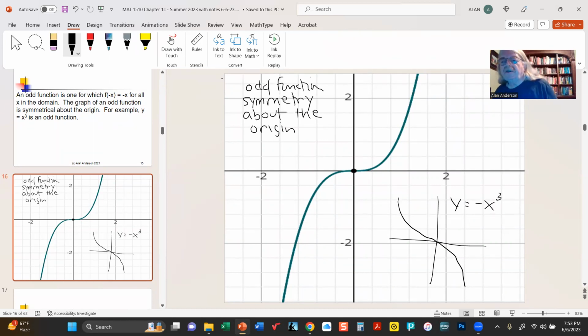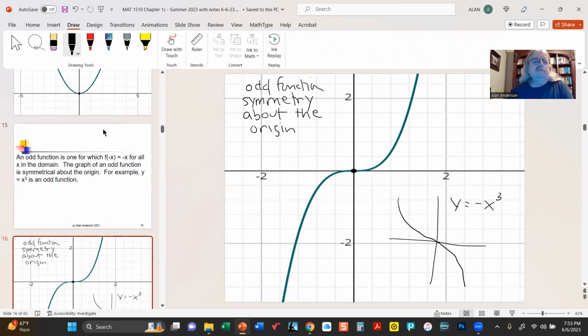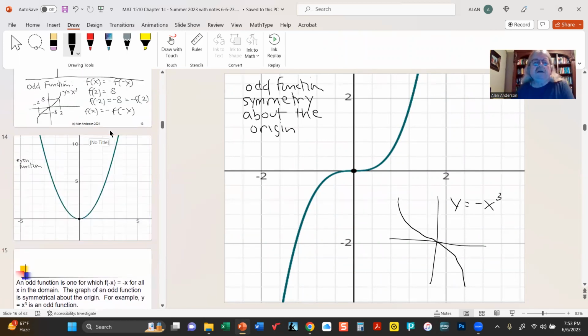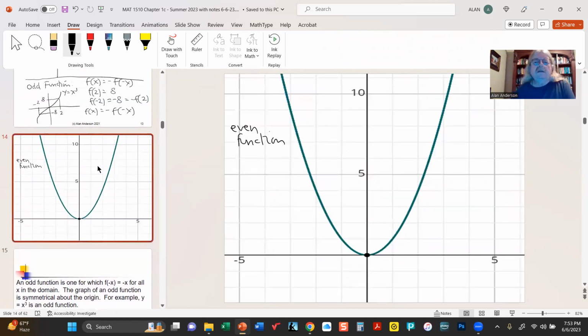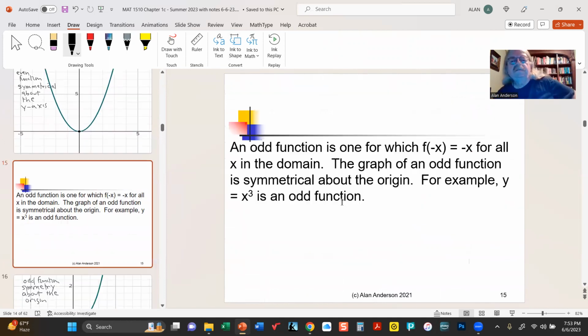It's still an odd function. It's just the symmetry is from the second to the fourth quadrant. And here, the symmetry is about the vertical axis.